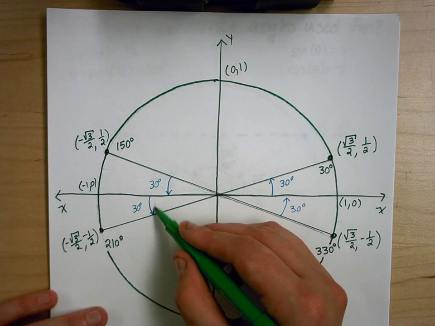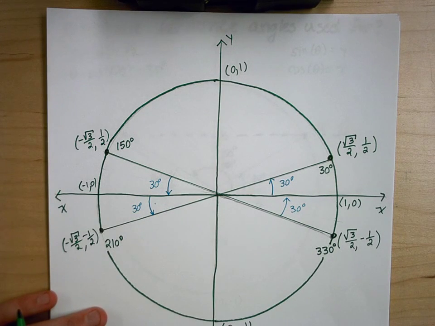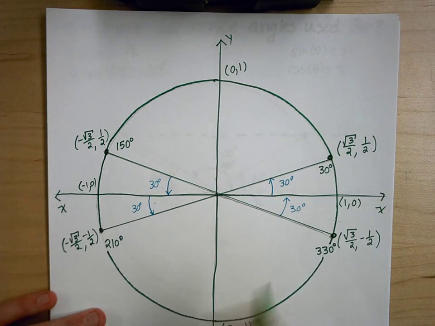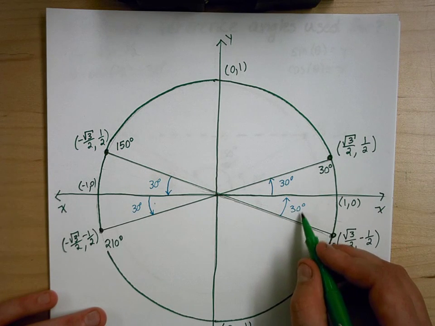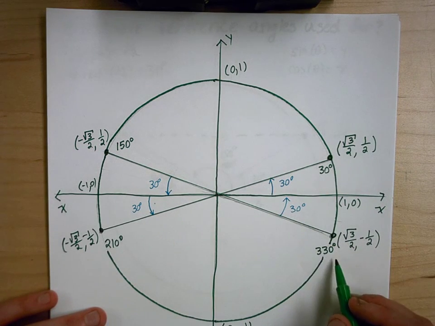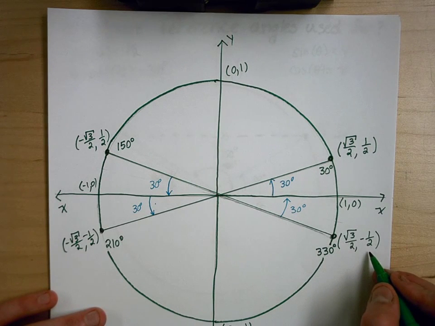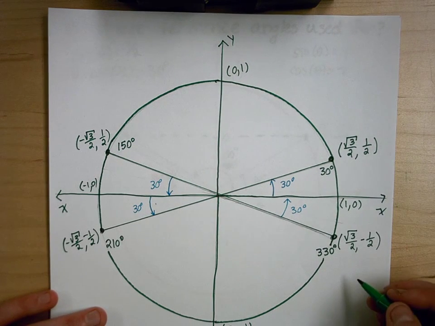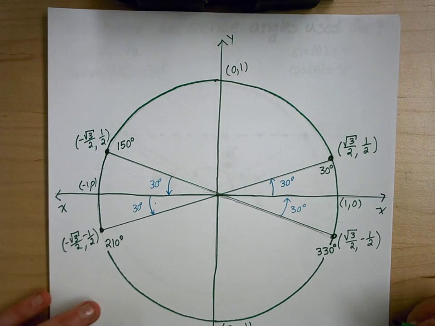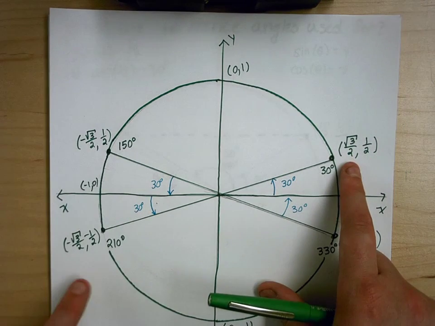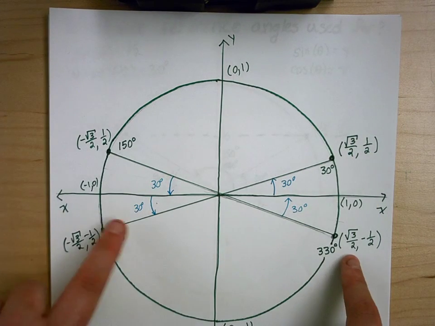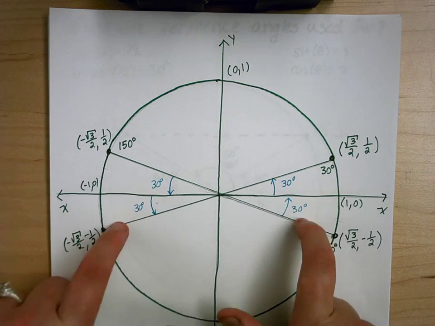And notice that that also has a reference angle of 30 degrees. Okay, the same situation holds true here. I have 30 degrees as my reference angle for 330, and the absolute value of sine here is also 1/2. If you want to go ahead and check on your own, the same holds true for our cosine values here, and they also share the same reference angles.